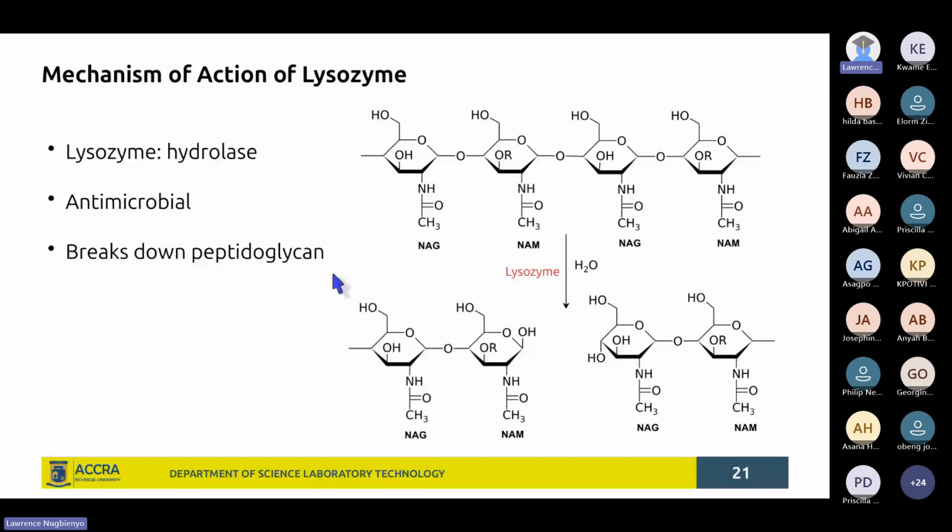bacteria. The cell walls of bacteria are made up mainly of this compound, this polymer, what we're referring to as a peptidoglycan. And that peptidoglycan consists of these derivatives of monosaccharides, which I think we also looked at briefly when we were looking at carbohydrates.